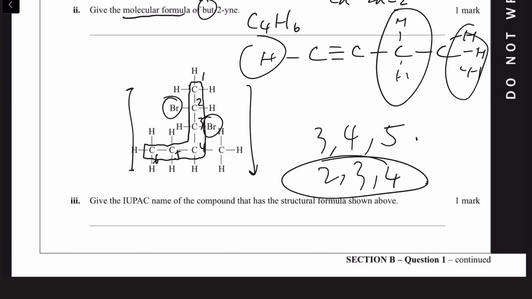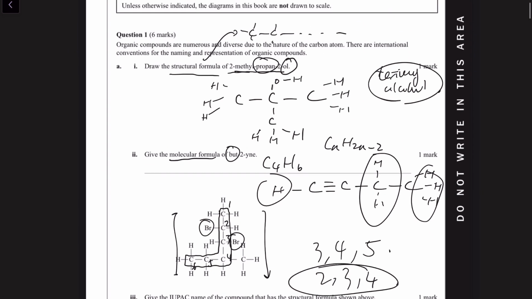So it's 2,3-dibromo, 4-methyl, and for 6 carbons we know it's hex. And since we do not have any double or triple bond, it's just -ane. So here you go. This is 3 marks in the exam.